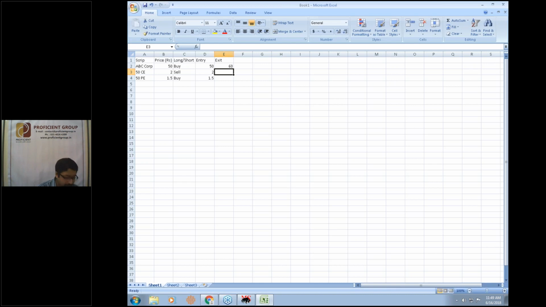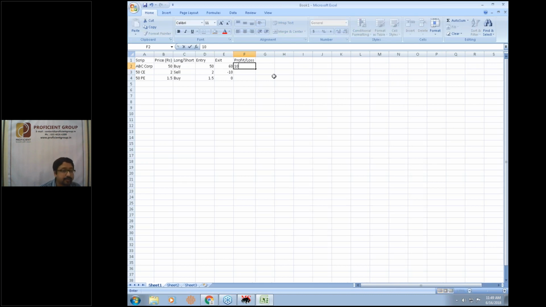So what will be our profit and loss scenario in this case? From the future, we will get a profit of ₹10, right? Because we bought it at ₹50 and we are selling it at ₹60.